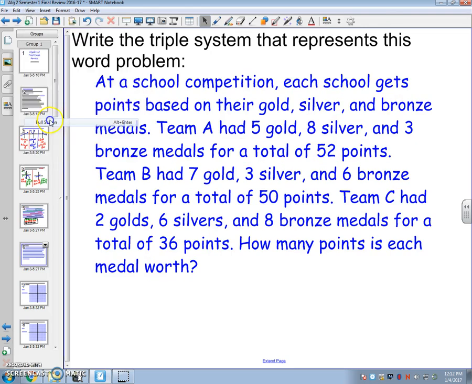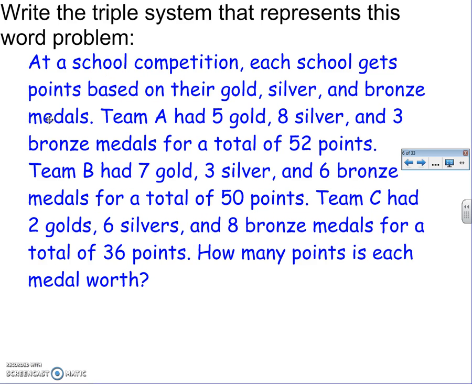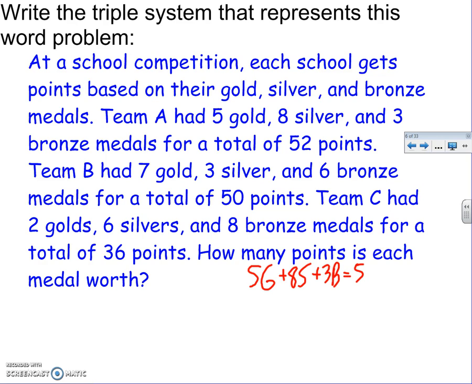All right, here's the next one. School competition gives points based off of the medals the school earns. The first team has 5 gold, 8 silver, 3 bronze, total of 52 points. So that's the equation: 5 gold plus 8 silver plus 3 bronze equals 52 points.